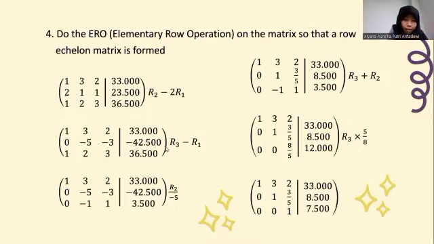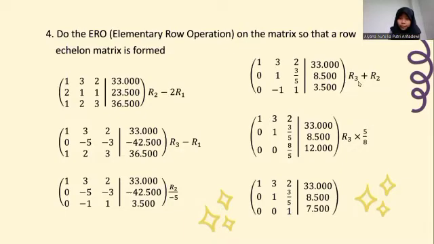So next, row 3 minus row 1. So we get the second 0. Next step, row 2 divided by minus 5 and we will get 1 in the middle of the matrix. So we got 1 in here.